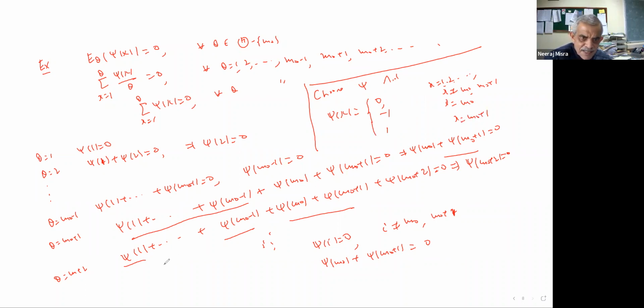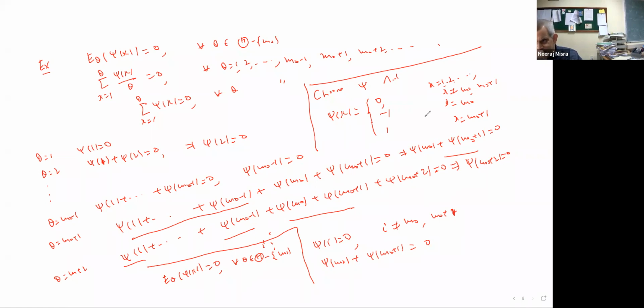Then what happens? If you look at expected value of psi x, it would be 0 for every theta belonging to capital Theta minus M naught, right? Because that is what I want. But what is the probability that psi x is not equal to 0? Probability psi x equal to 0 is only the probability that x belongs to 1, 2, and so on except M naught and M naught plus 1, which is 1 minus the probability that x belongs to M naught or M naught plus 1.